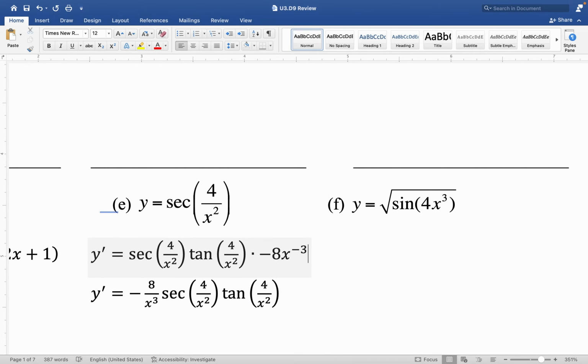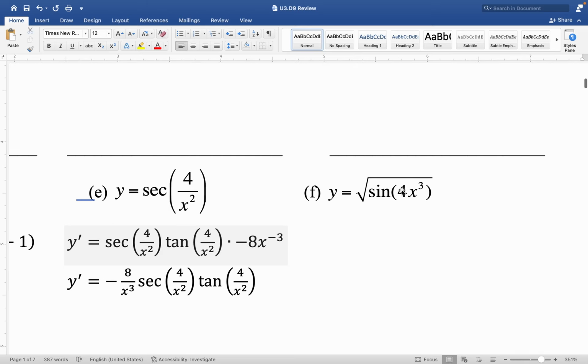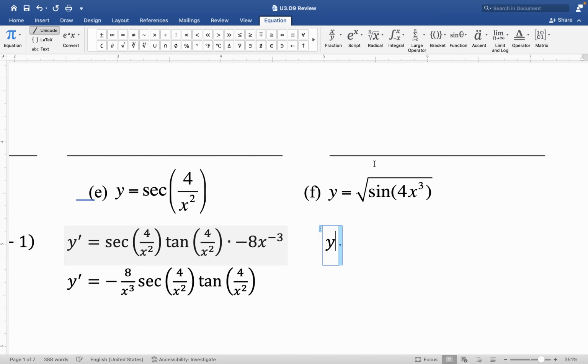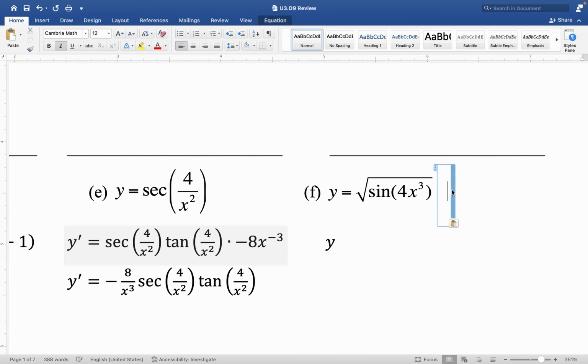Moving on to F, this is definitely a composition problem. Oh boy, this is going to be one of those double composition problems, right? You see the 4x to the third inside the sine function, inside the square root. So that's kind of a double composition. So let's go one thing at a time. I think maybe I would start by just rewriting this as sine of 4x to the third all raised to the 1/2, so it's super clear.